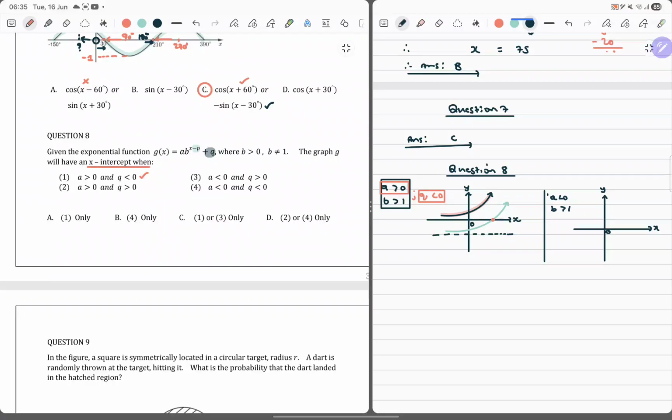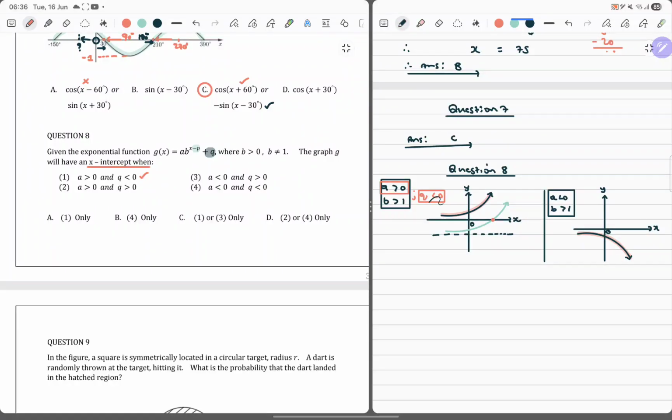So what happens? Now when a is less than 0, this says this is the graph that appears below the horizontal asymptote. If b is greater than 1, it says our graph is a decreasing function that appears below the horizontal asymptote. So that would be the graph. So this is our graph.